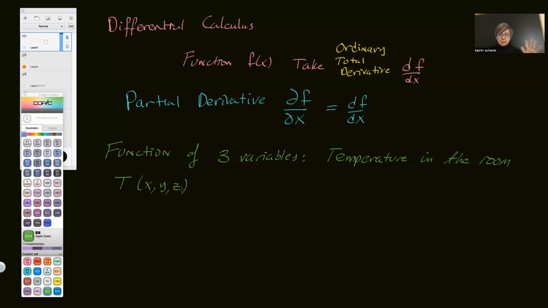Okay, but how does T vary? If you wanted to know how the temperature varies in this room, it has an infinite number of answers, doesn't it? Because you have to ask along what direction. There are infinitely many different directions in this room. But we can deal with this.